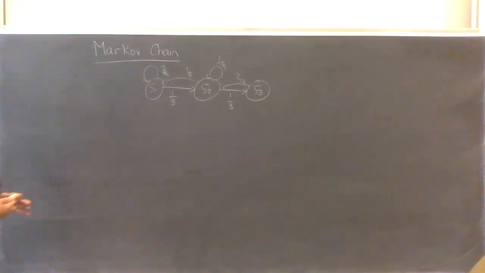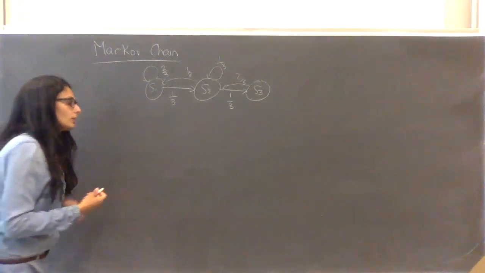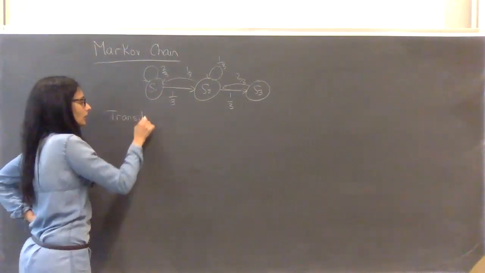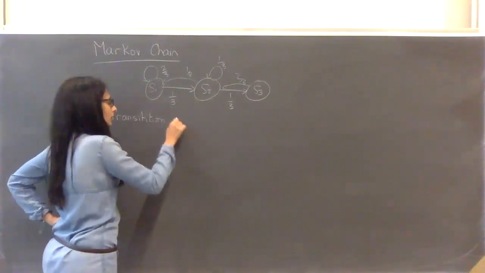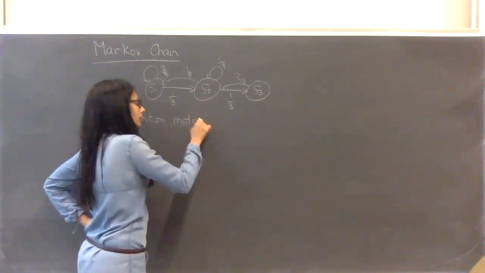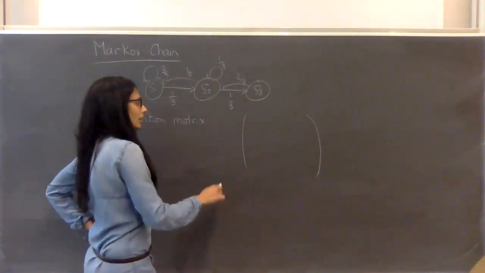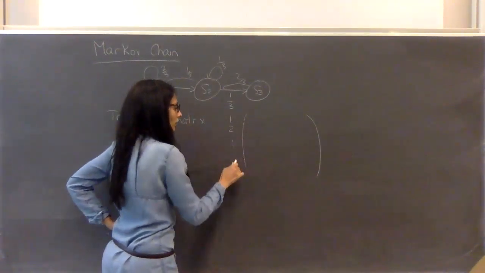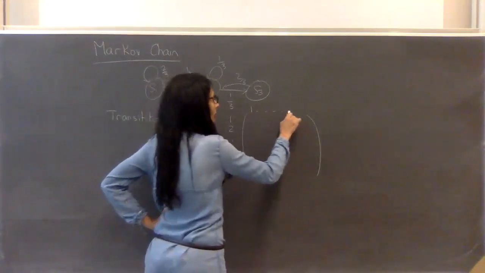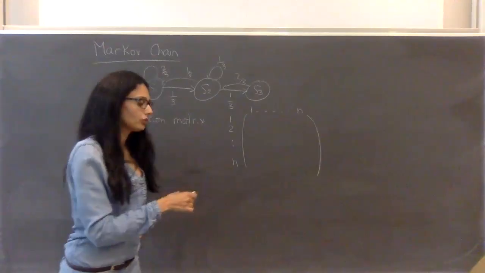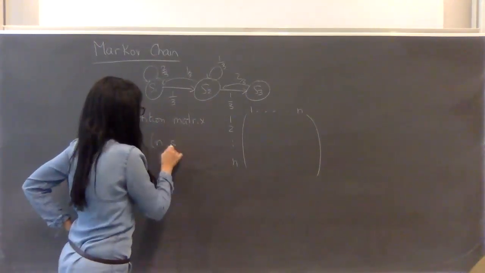Now, a Markov chain can also be represented by a transition matrix. And the transition matrix is a square matrix that has all the states, the probabilities of moving from a state to another. So it's an n by n matrix if I have n states.